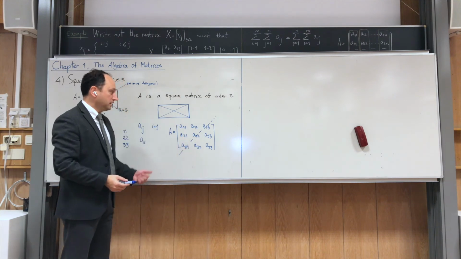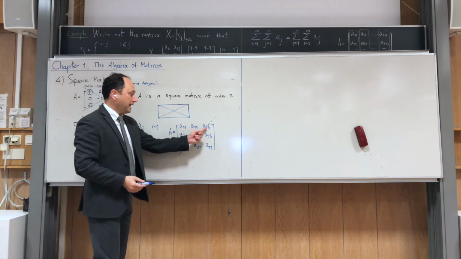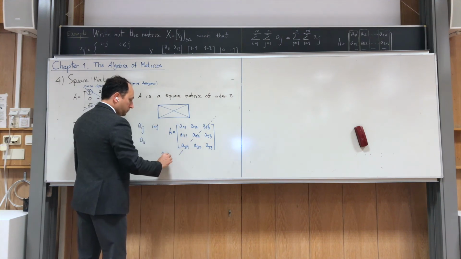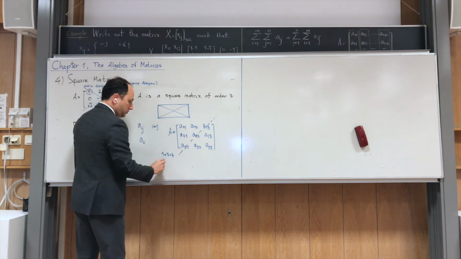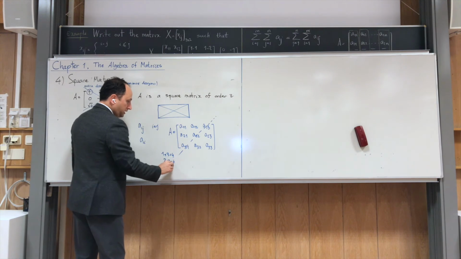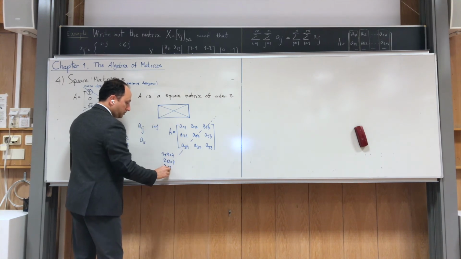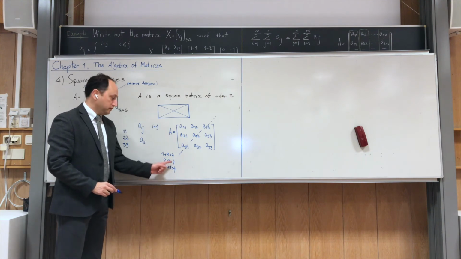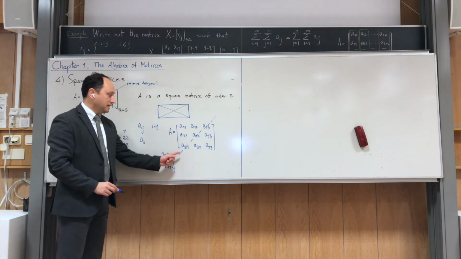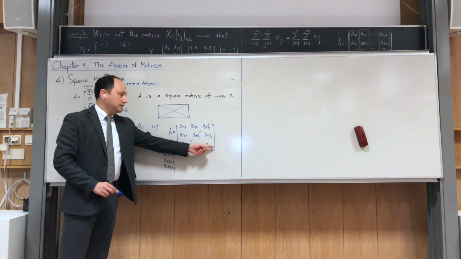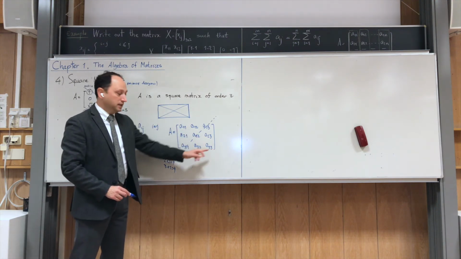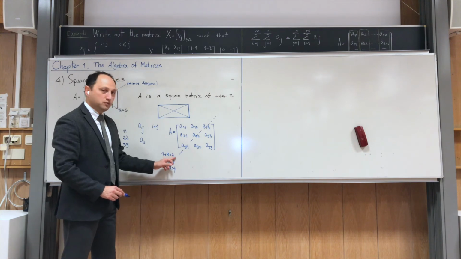This is 3,1. The property is that if I add these indices together, here I get 1 plus 3, which becomes 4. Here, if I add 2 and 2, it becomes 4. Here, if I add 3 and 1, again it becomes 4. Yes? So the sum is a constant, 4, 4, 4. And 4 is exactly 1 unit more than the order of this matrix. This matrix was of order 3, so this is 3 plus 1, which is 4.